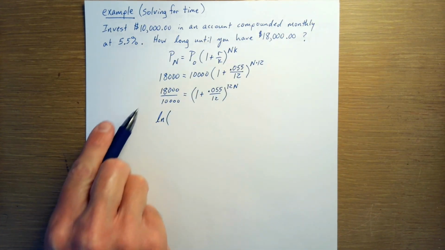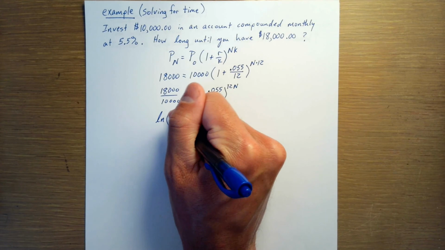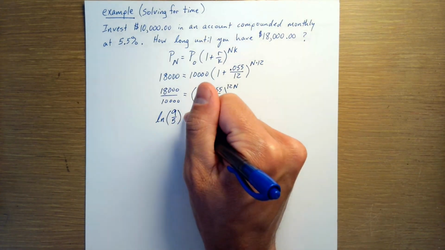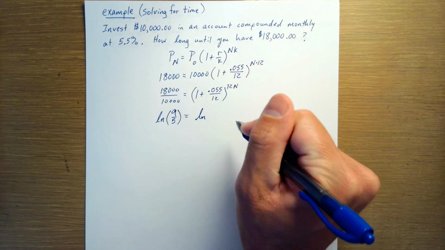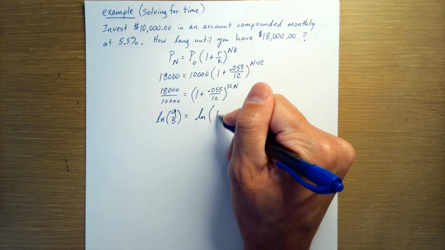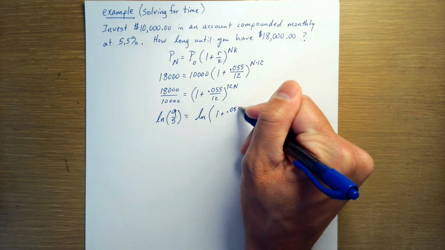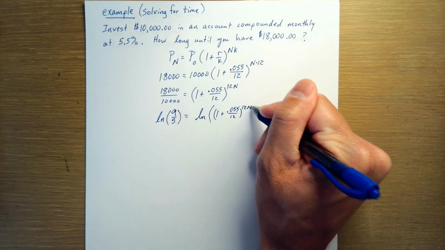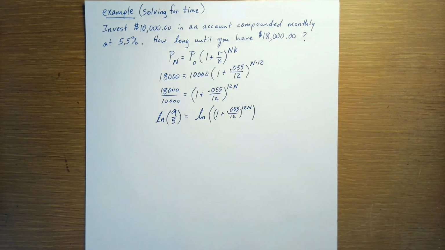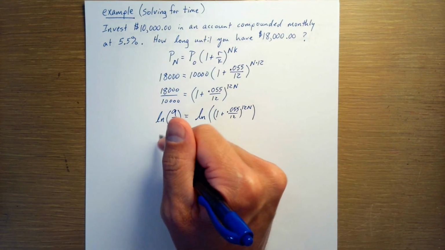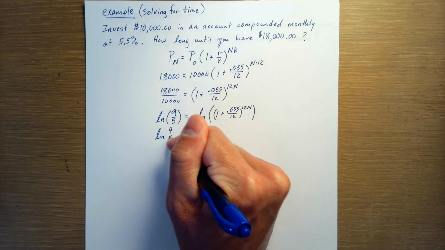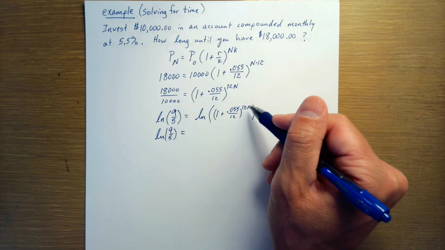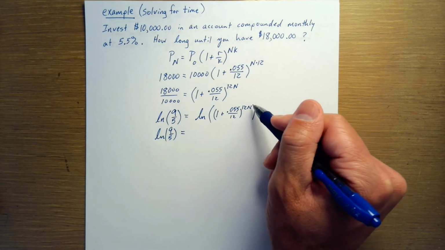And I'm also going to realize that 18,000 over 10,000 is just 9/5, so I don't have to write all those zeros. And so we have natural log of this whole thing, 1 plus 0.055 over 12 to the 12n. And the magic of exponents tells me that on the right hand side, I'm going to leave the left alone for now, this exponent gets to come out front.